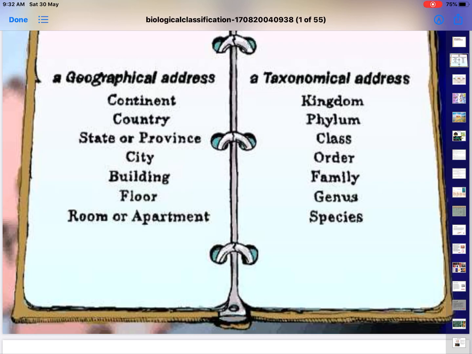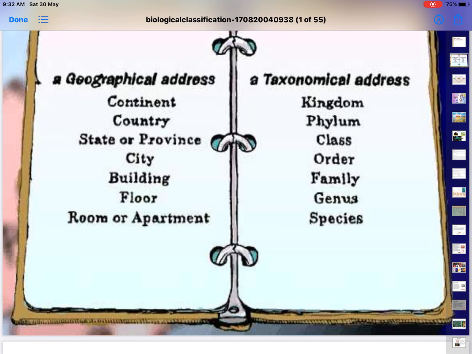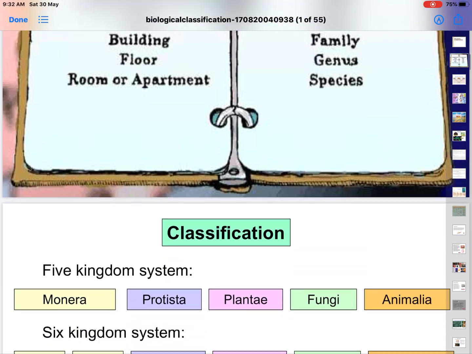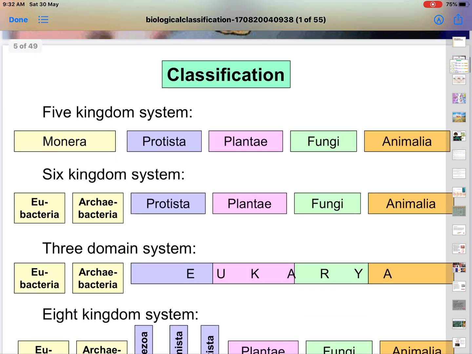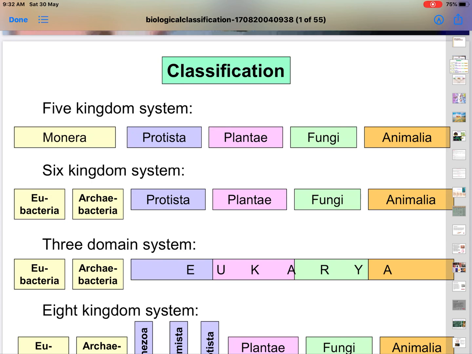It's something like when someone asks you an address, we say a room or apartment, then floor, then which building, which city, the street the city comes in, and finally country and continent, in a similar way. So the classification is done based on similarities and dissimilarities and other characters. The most accepted classification right now is the five kingdom classification. Of course, people started with two kingdom classification, broadly plants and animals.